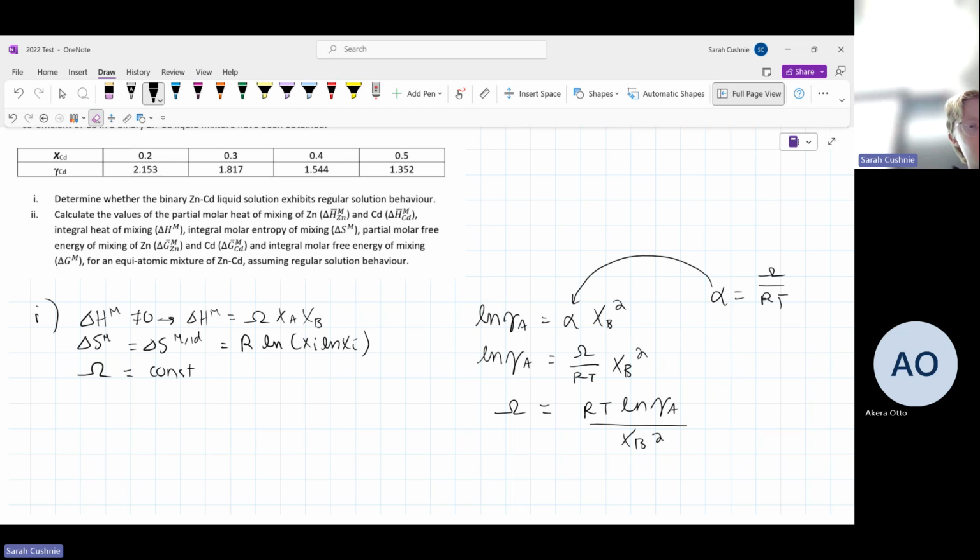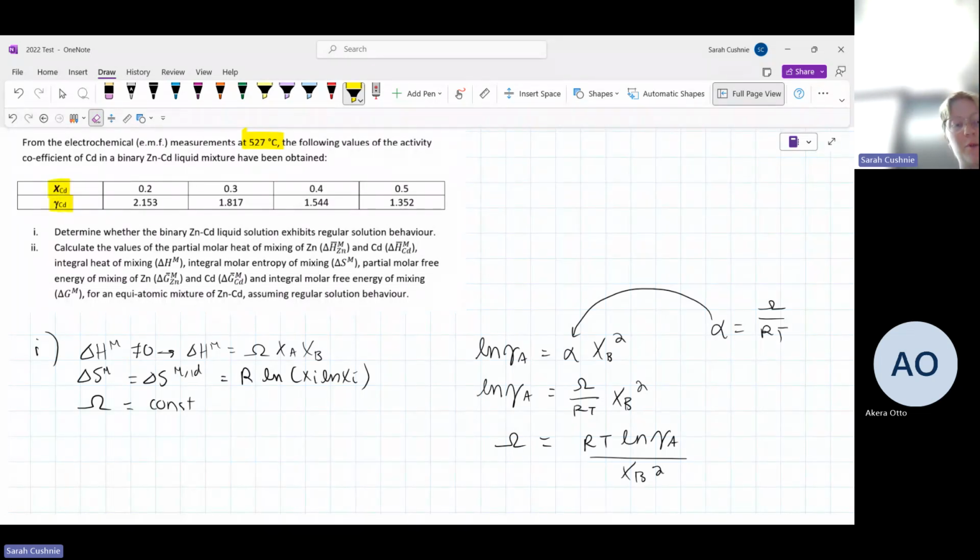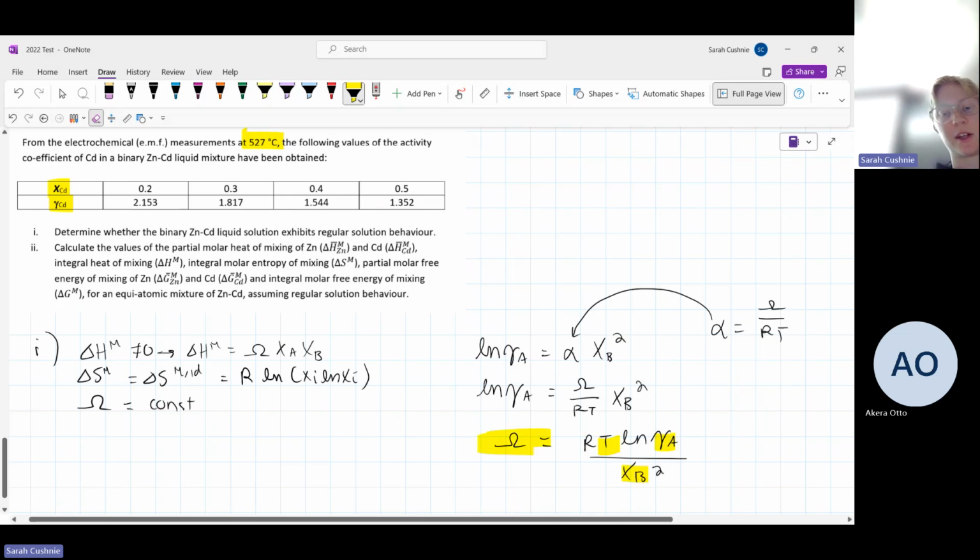So essentially we can look at the system: we have a temperature, we have X, we have gamma. We can use that to calculate our omega value. And if that omega value is constant, we can say that it's going to be a regular solution.